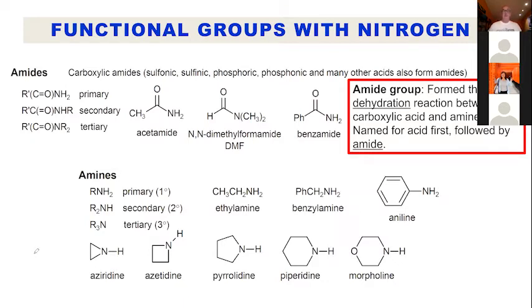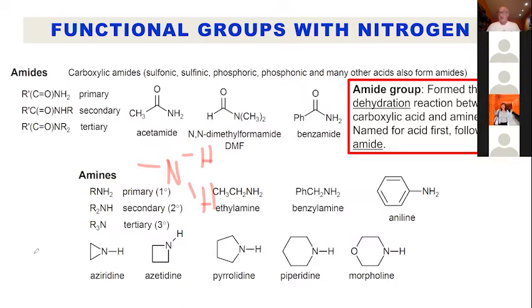One would be an amine. So 1 part of the amino acid is an amine. What about the acid part? What would be the functional group of the acid part? Carboxylic acid, exactly right. So this is the amine part of an amino acid, and the other part is the carboxylic acid part. And it's these 2 that come together and form amide bonds.